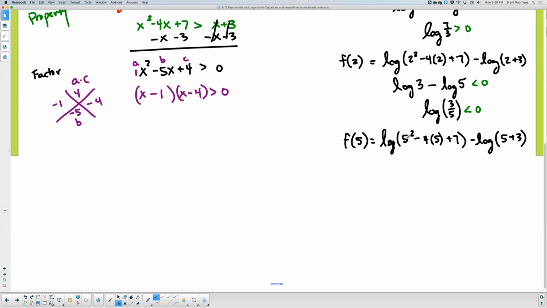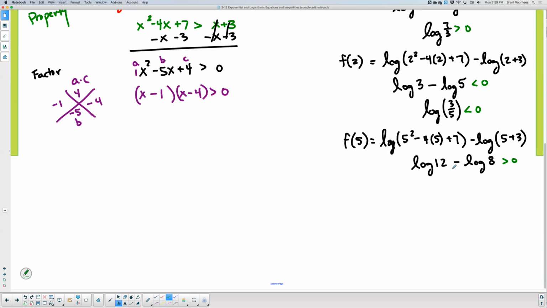And when we go to simplify, that's 25 minus 20. That's 5 plus 7 is log 12. It's log 12 minus log 8. That will be greater than 0.